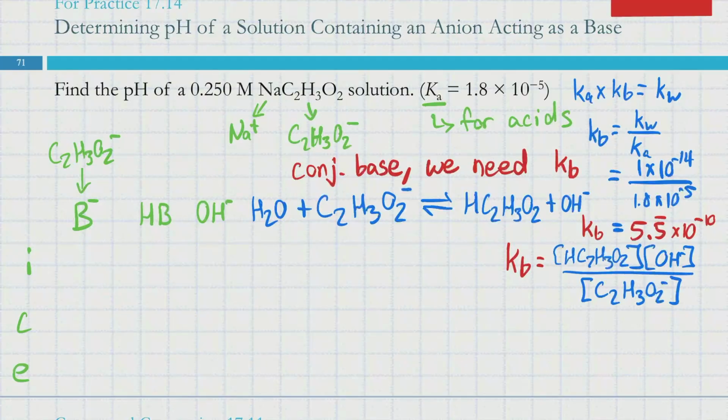Writing out our ICE on the side, our initial concentration of acetate C2H3O2 minus is 0.250 molar. Our initial concentration of HB is 0. Our initial concentration of hydroxide is approximately 0 because the autoionization of water is really weak.